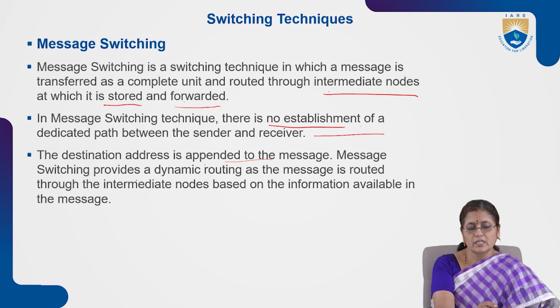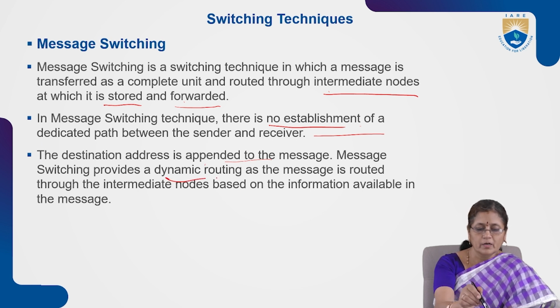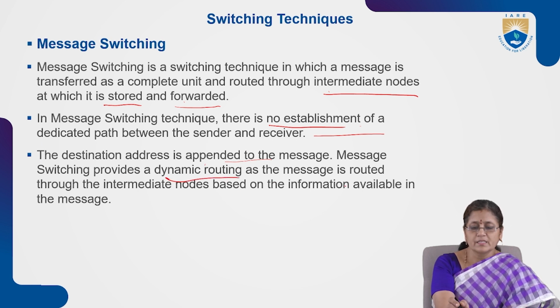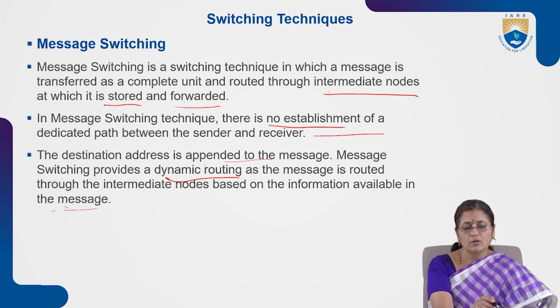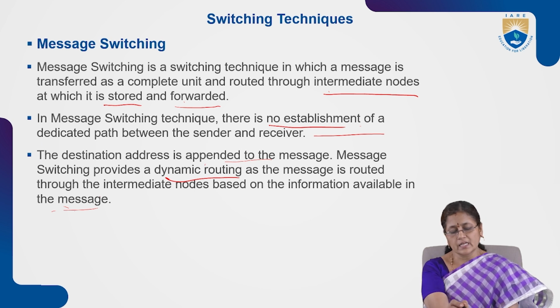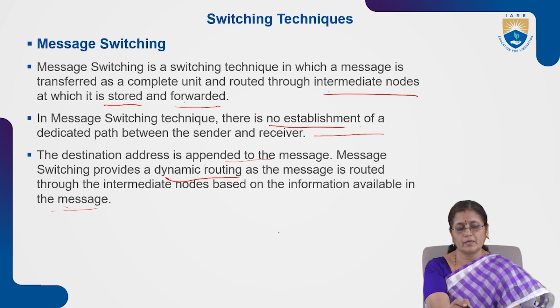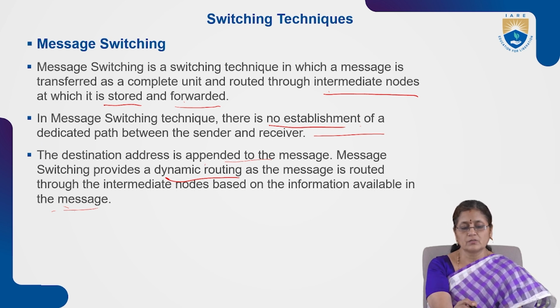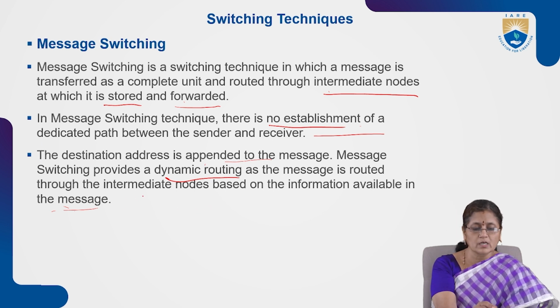Message switching provides dynamic routing. What is dynamic routing? The message is routed through the intermediate nodes based on the information available in the message. As the destination address is there in the message, the message will reach through the intermediate nodes chosen accordingly.